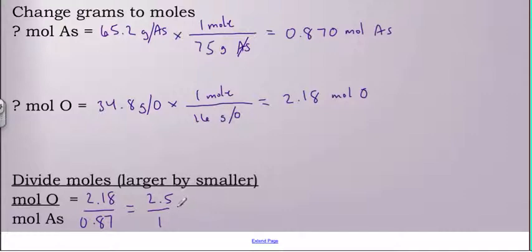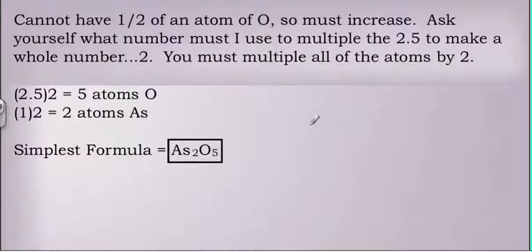Of course not. So we find the least common multiple here, a quick fix: multiply each thing by 2. If we do that, we get 5 atoms of oxygen for every 2 atoms of arsenic. And so our answer is going to be As2O5.